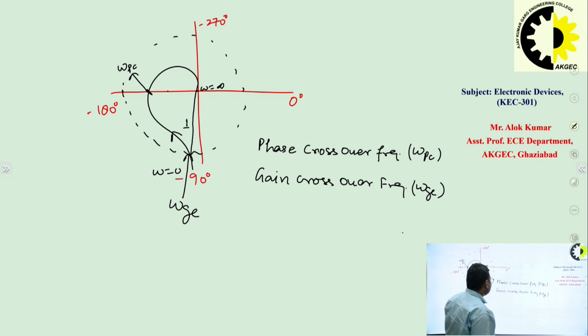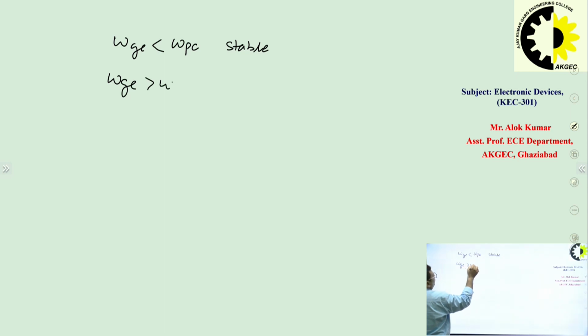Then how can we determine the stability of the system? Now we have two terms, omega GC and omega PC. There are several conditions. If omega GC is less than omega PC, the system will be a stable system. If omega GC is greater than omega PC, then the system will be an unstable system.